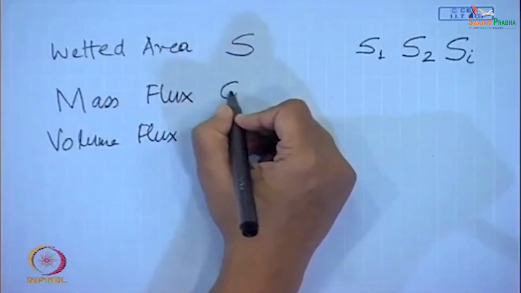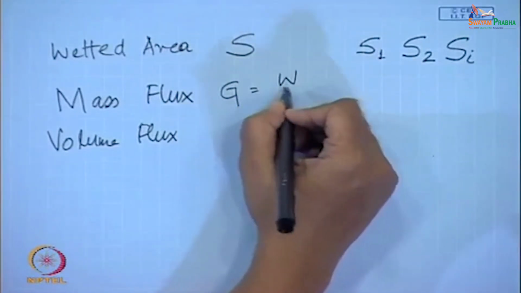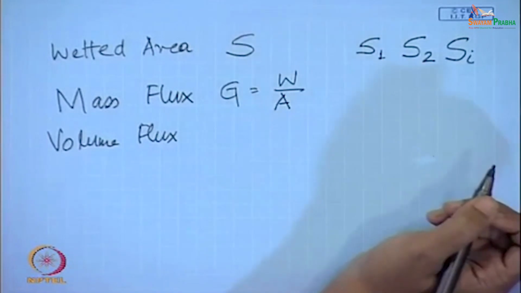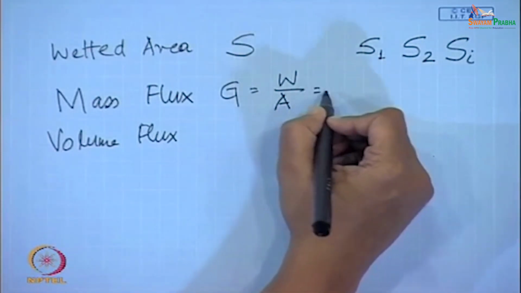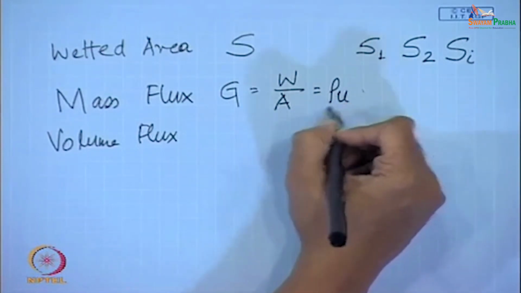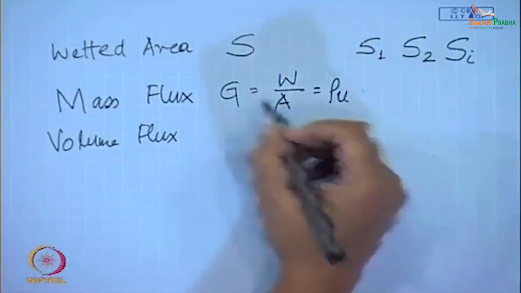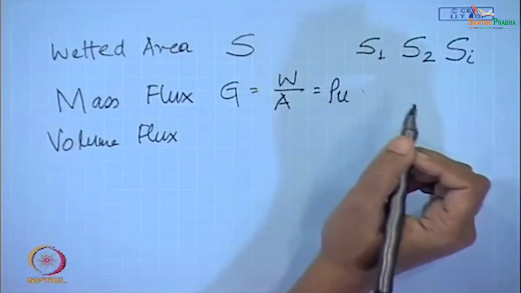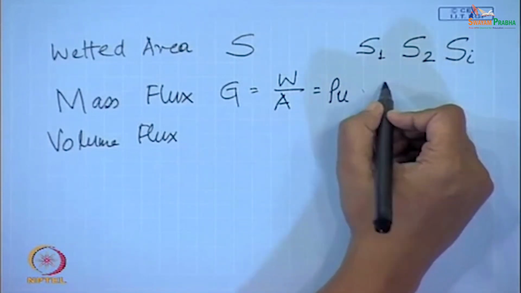So, therefore, mass flux we denote by capital G, nothing but W by A. What is W? In terms of velocity, if you write, then this is going to be rho into U into A by A. So, therefore, G equals rho U, isn't it? This relationship is also quite important, we are going to use it quite frequently. In this particular case, what do we have?